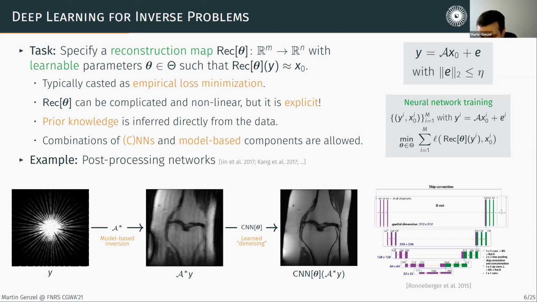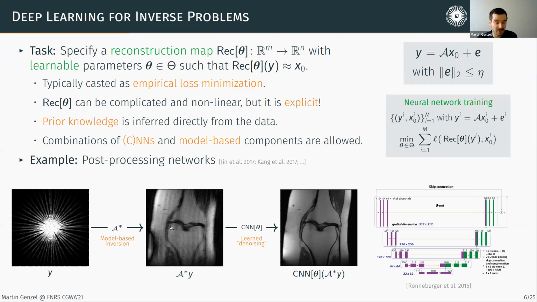And actually, that's the one that, to the best of my knowledge, was the first method that really became popular in the literature on deep learning for inverse problems. So it's called Postprocessing Network. And well, this picture, I think, very nicely explains why it is called this way. So what you do here, for this MRI problem, is you first use a very cheap inversion from your measurements, which could be the inverse Fourier transform when you zero fill your data.